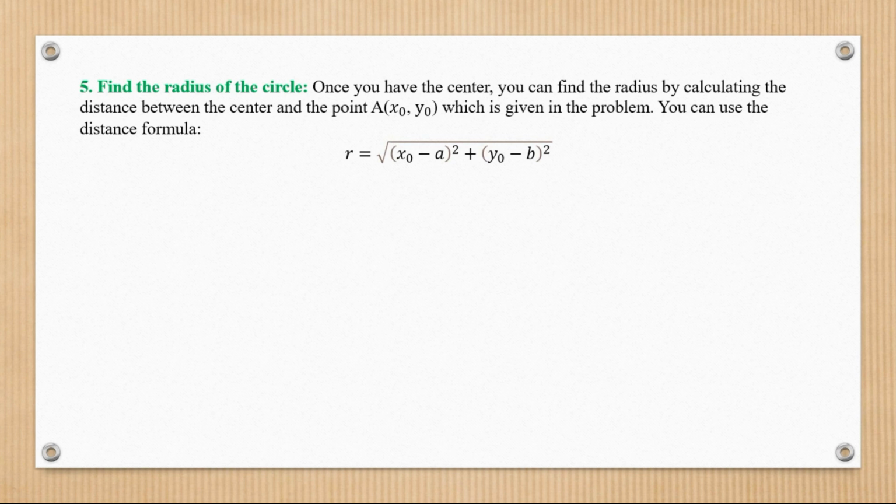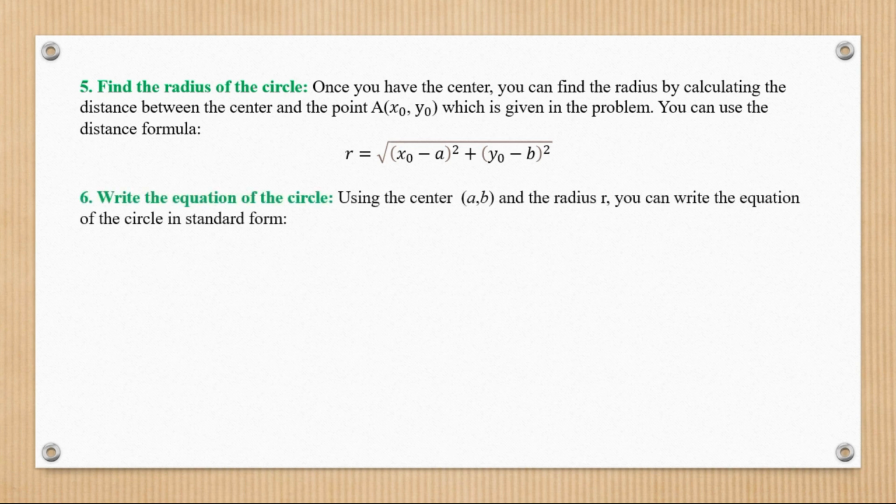And then next, find the radius of the circle. Once you have the center, you can find the radius by calculating the distance between the center and the point A (x0, y0), which is given in the problem. You can use the distance formula given here. And then lastly, write the equation of the circle. So using the center (a, b) and the radius r, you can write the equation of the circle in standard form.